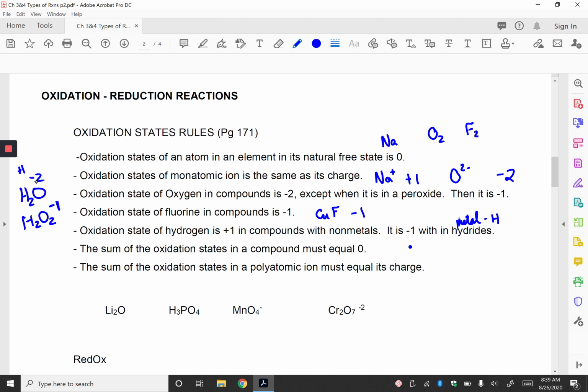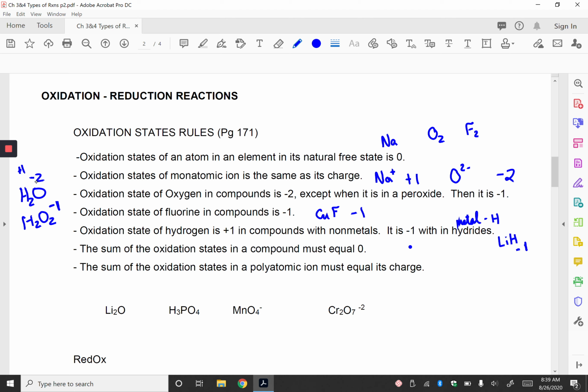However, if it's a hydride like LiH, then in this case, because the lithium has to be a +1, the hydrogen is -1. So when it's in a compound with nonmetals, hydrogen is +1, like in water. But when it's in a hydride, like a metal bonded to the hydrogen, then it is -1.